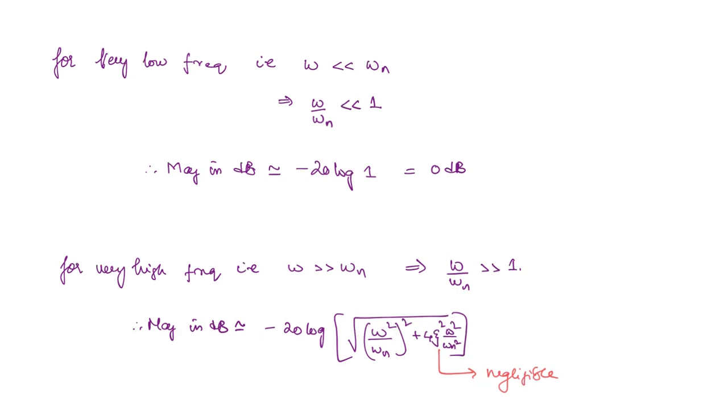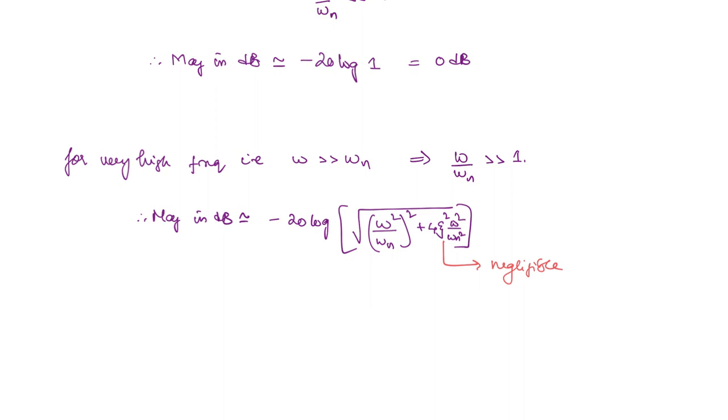So what will you be left with? You can write approximately minus 20 log omega by omega n whole square. The 2 power you can take out, so you are going to get minus 40 log omega by omega n. So you can see that here the slope is minus 40.